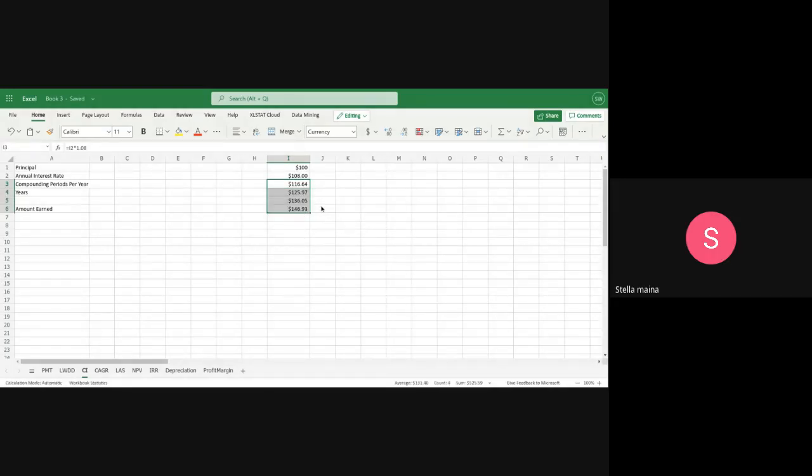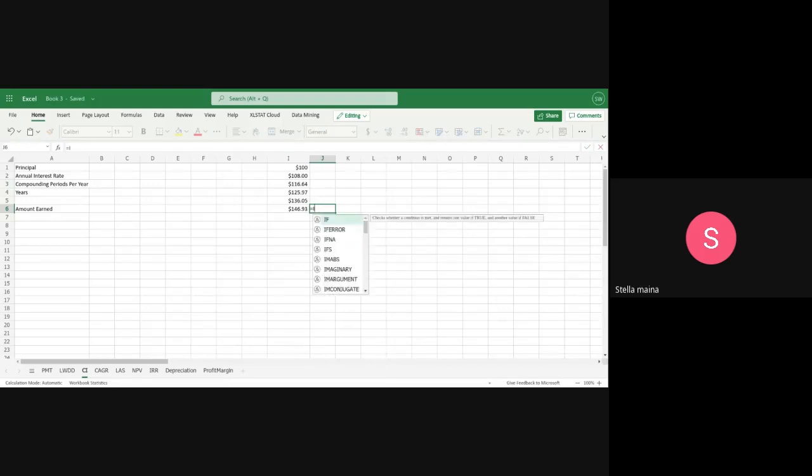Okay, perfect. So we can see what the amount will be. For the fifth year, it's going to be 146.93, which can still be attained by multiplying I1 by 1.08 five times.